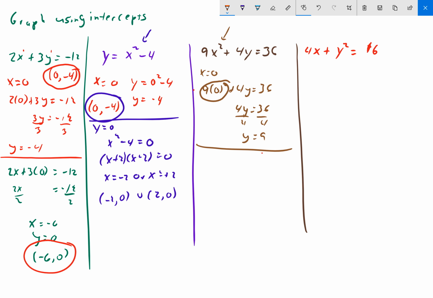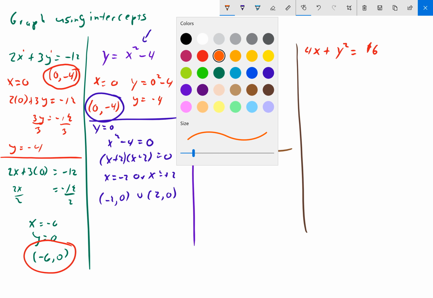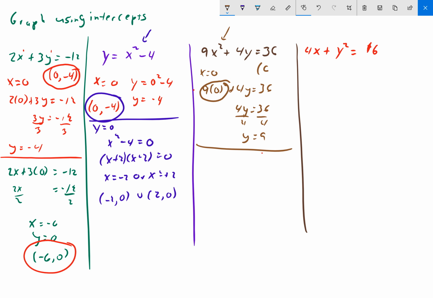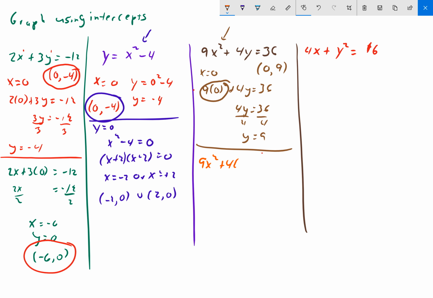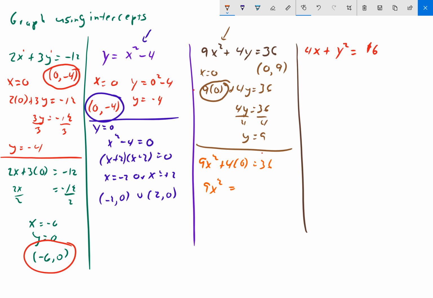So when x is 0, y is 9. But when y is 0, I end up with 9x squared plus 4 times 0 equals 36. I get 9x squared equals 36. Divide by 9. I get x squared equals 4. But remember, if I take the square root of both of these, I get plus or minus 2.